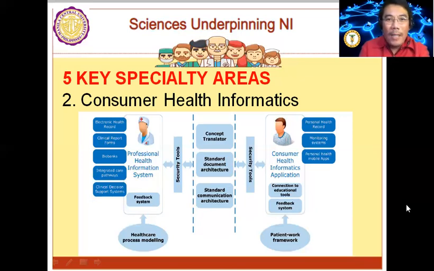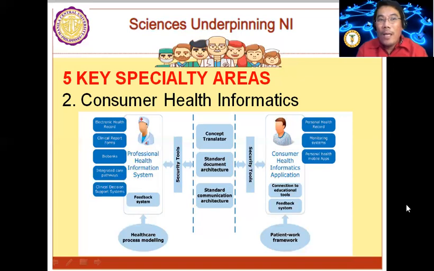The other one is the clinical decision support system. I know that this has been your topic now in the laboratory, the clinical decision support system, wherein it will help the health team members to have access to information that could be useful for the care management of the client. Now, this is more on the professional health information system.